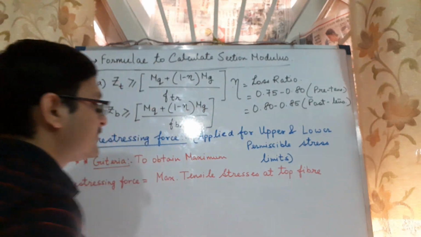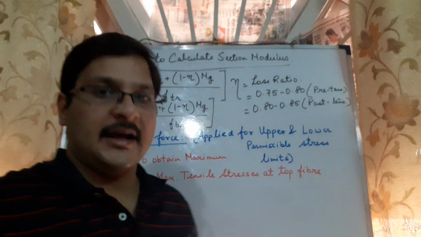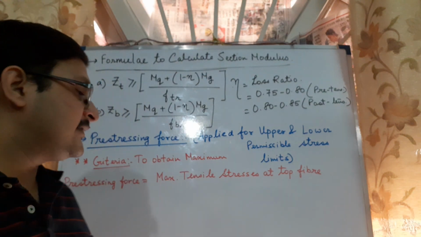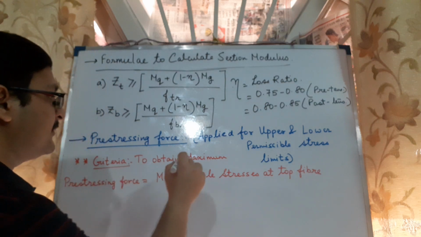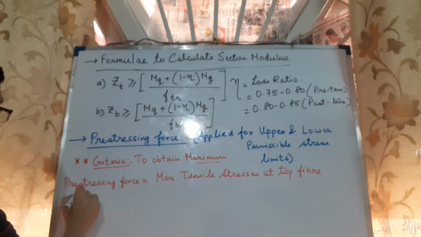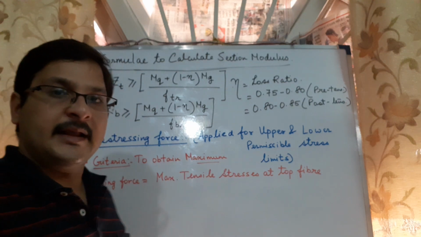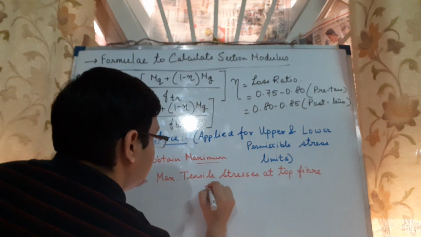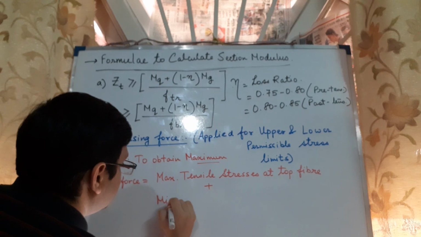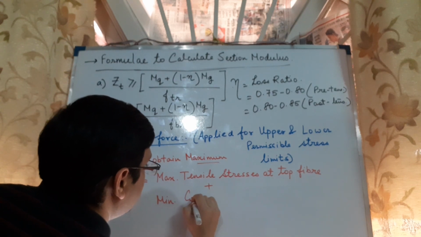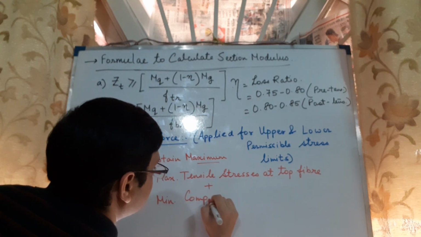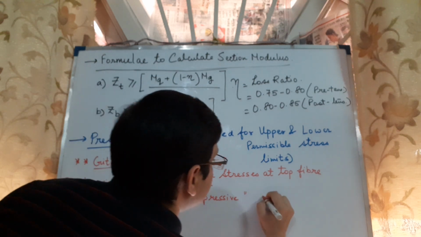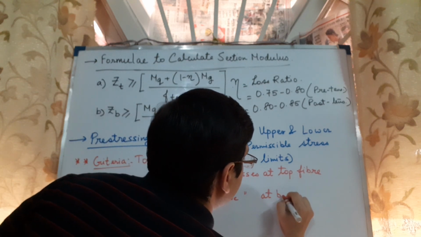These are some of the small theoretical aspects in this topic. So for maximum prestressing force, we will have maximum tensile stresses at the top and minimum compressive stresses. Obviously the stresses are pre-stress. Minimum compressive stresses at bottom fiber.